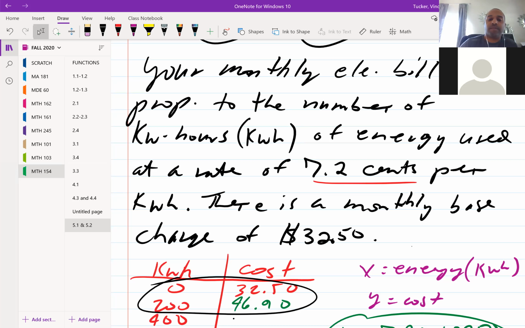There is a monthly base charge of $32.50. So the other one gave us just the rate. This time, it gives us a rate and a monthly base charge of $32.50. So I'll let you write that before I keep going.